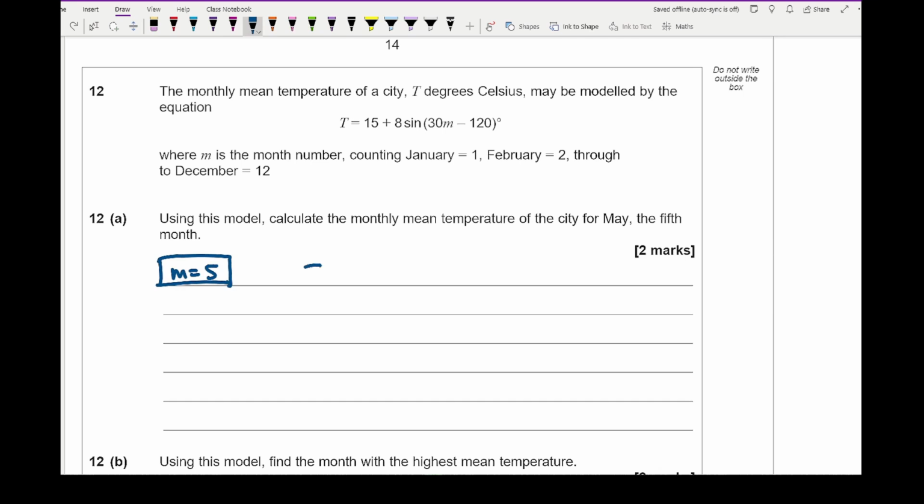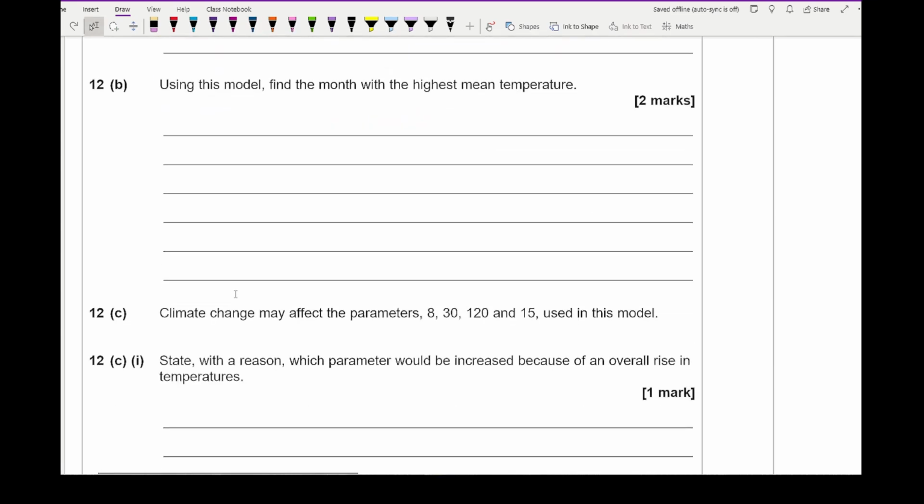So I end up with T equals 15 plus 8 sine of (30 lots of 5 minus 120). If I type that into my calculator, I get a T value of 19 degrees Celsius.